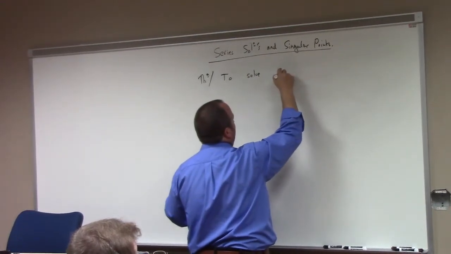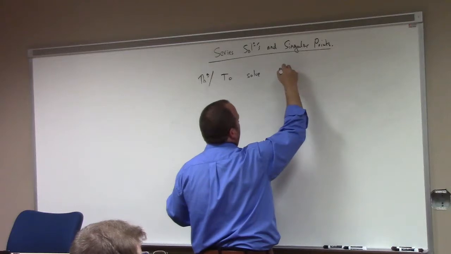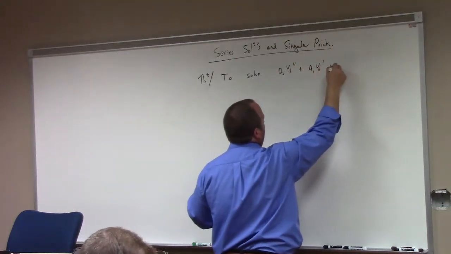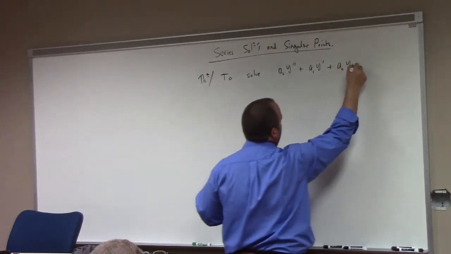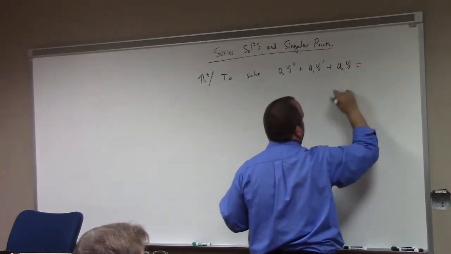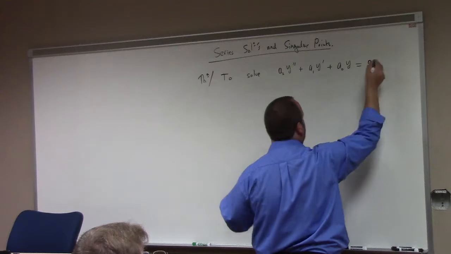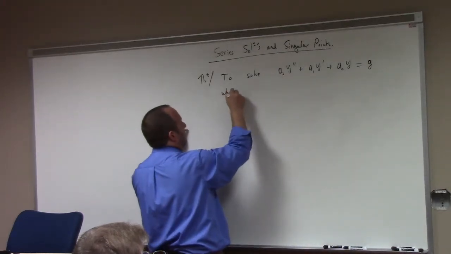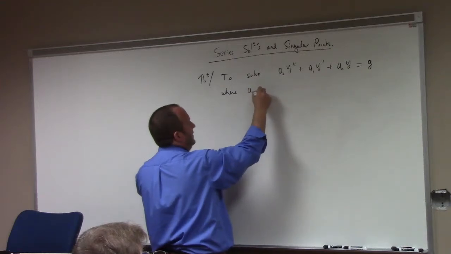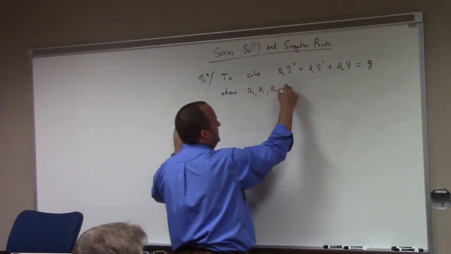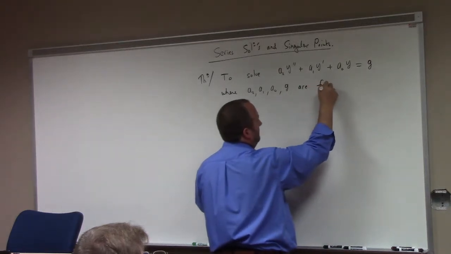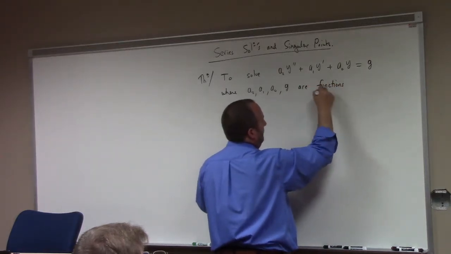Suppose we've got a2 y prime prime plus a1 y prime plus a naught y equals g, where a2, a1, a0, and g are functions.